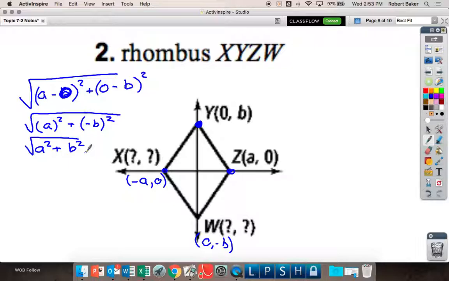So now I'm going to go in red and find the distance between x and y. If I do the same distance formula, x2 minus x1 squared, y2 minus y1 squared.